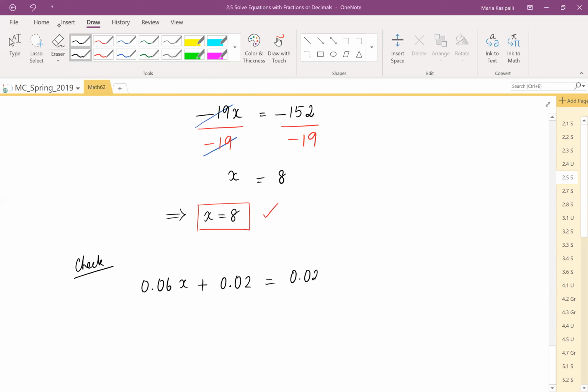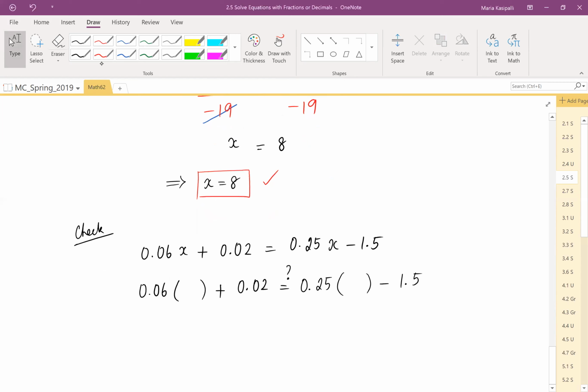I'm sorry, it was 0.25. All right, 0.06 with a shell, 0.02, 0.25 with a shell minus 1.5.